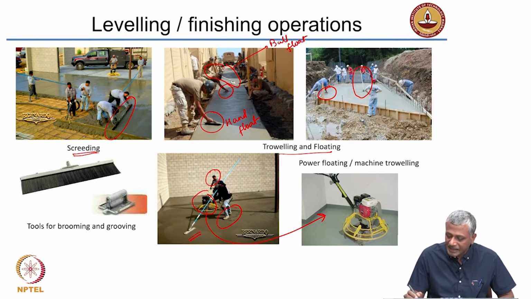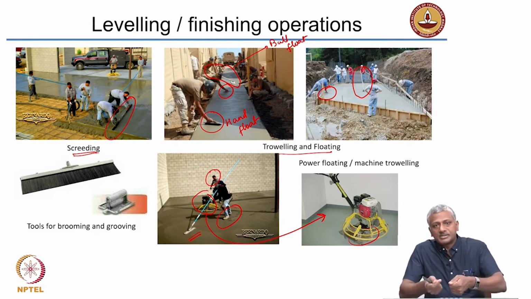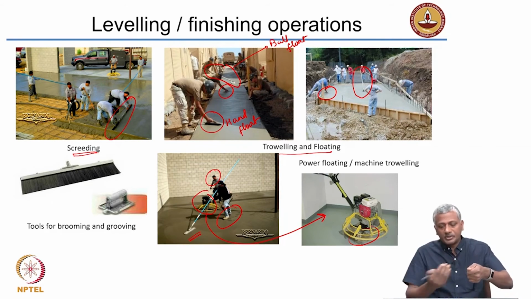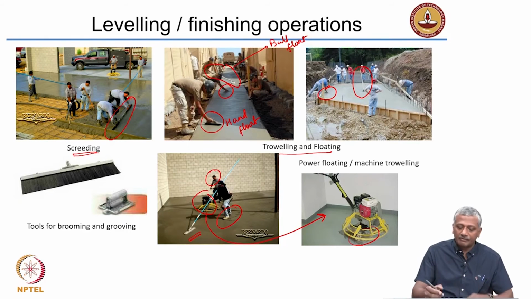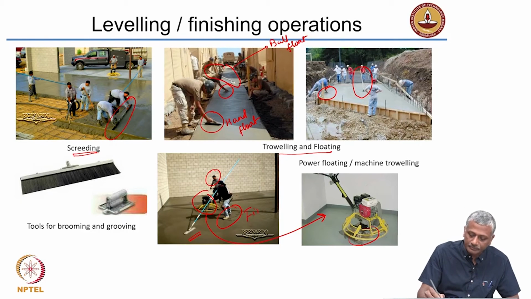So, what is it? It has these paddles at the bottom. This is basically rubbed on the surface, and the paddles rotate with the power of a motor that is attached to it, and then they finish the top surface. This is the final finishing operation. This is the initial finish.